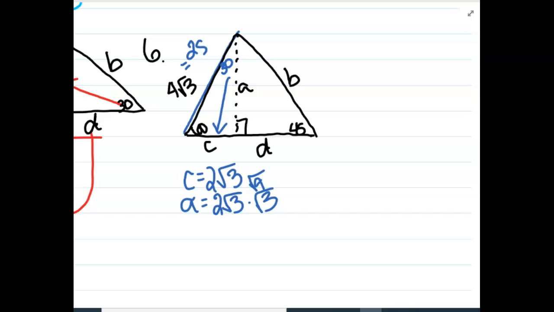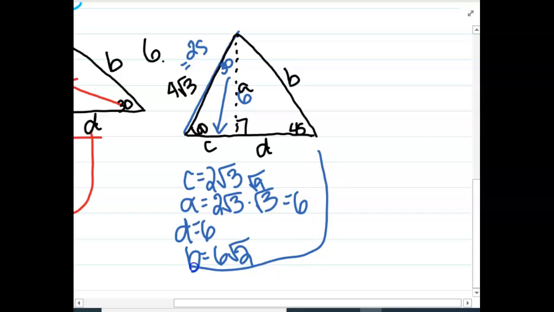The square root of 9 is 3, and 2 times 3 would give you 6. So A is 6. Which then we can move to the 45, 45, 90 triangle. So if A is 6, what's D? Also 6. And B, once you know the length of that other side, the hypotenuse in a 45, 45, 90 triangle is going to be 6 square roots of 2.